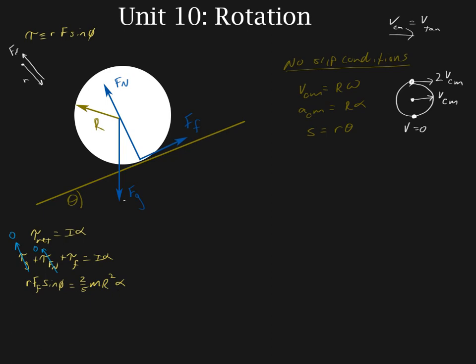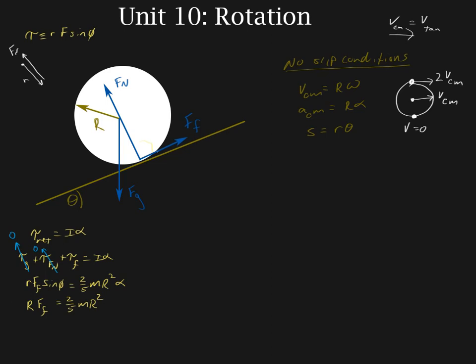R for friction is going to be the distance from the center of mass to the edge, which just becomes capital R. And then we have the force of friction, and the sine of phi, we can clearly see that this is going to be a 90-degree angle here. And because that's a 90-degree angle, we know it's just going to be 1. Sine of 90 is equal to 1. Then we have 2/5 mr squared alpha.